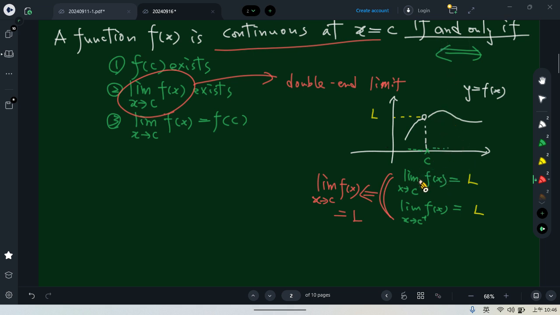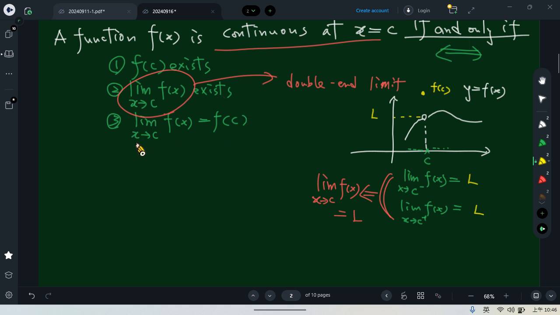So based on this figure, I can say the double-sided limit at x equal to C exists, and its value is also L. But if f of C is defined here, we can say f of C exists, and the limit as x approaches C of f of x also exists.